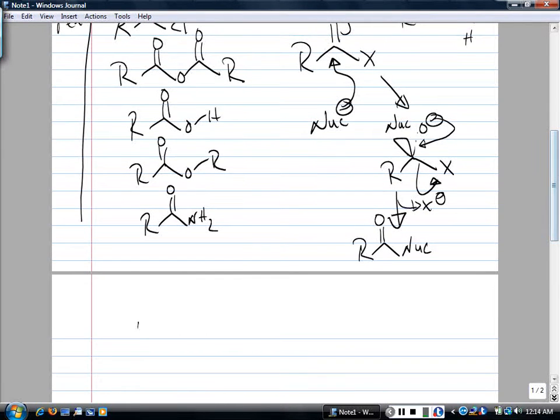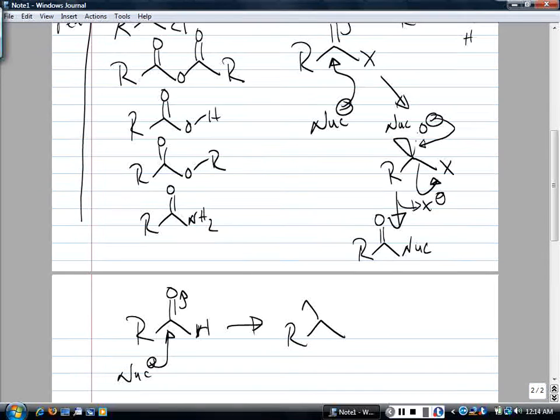I think it's also worth mentioning how this reaction compares to the reaction of an aldehyde with some nucleophile. I'm going to put H here instead. The nucleophile would attack the carbon, the pi bond would break, and I'd make my tetrahedral intermediate, with the nucleophile, and I'd have H here, or in the case of a ketone I'd have R. There's no leaving group here.